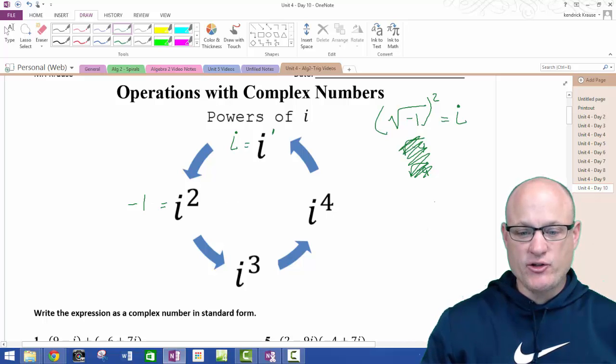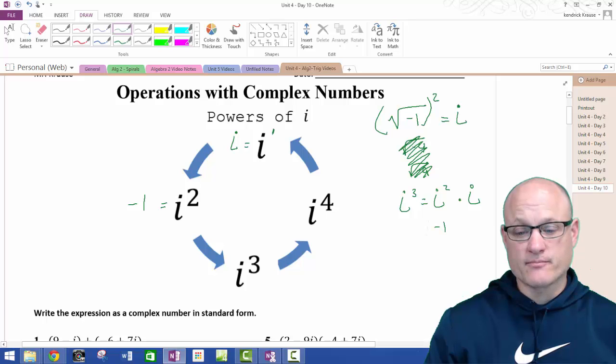Now, i cubed can be written as i squared times i. Well, isn't i squared just -1? And i is just i. So really this is just negative i.